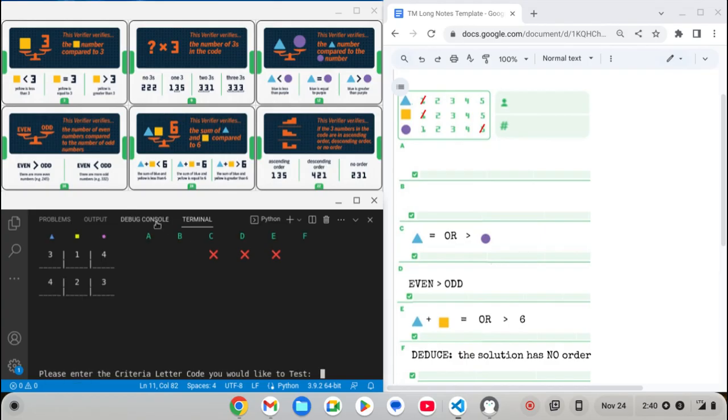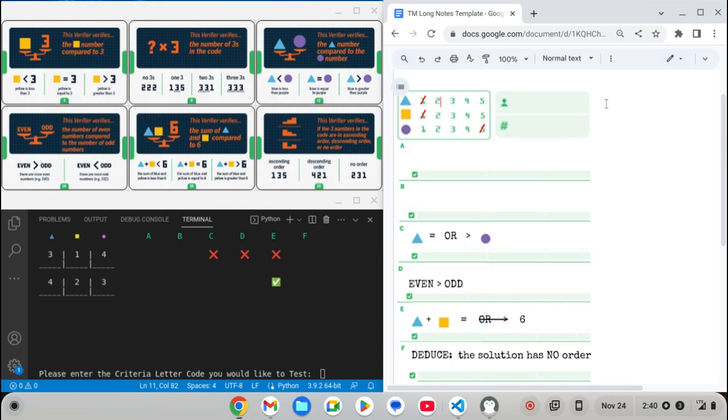Well, I think the whole purpose of this proposal was to confirm the sum is 6. So let's go ahead and test criteria card E again. Okay, yeah, so the sum is absolutely equal to 6. So that means we can definitely cross out numbers.